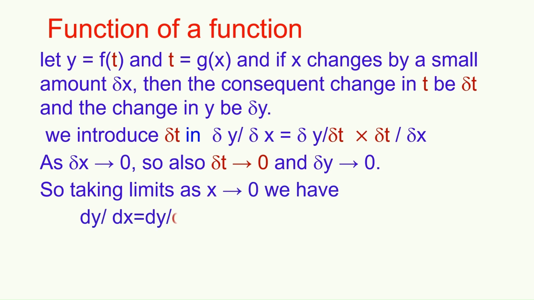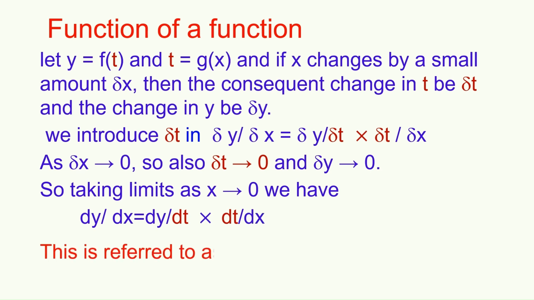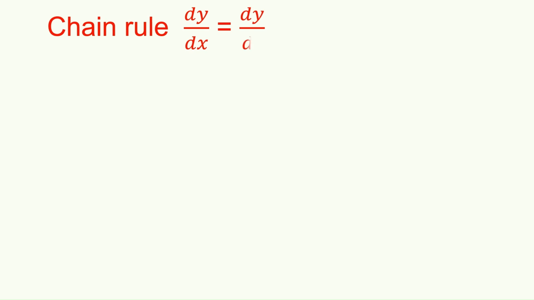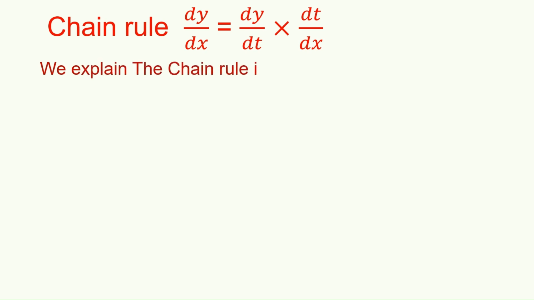So taking limits, we have dy/dx equals dy/dt times dt/dx. This is referred to as the chain rule: dy/dx equals dy/dt times dt/dx.